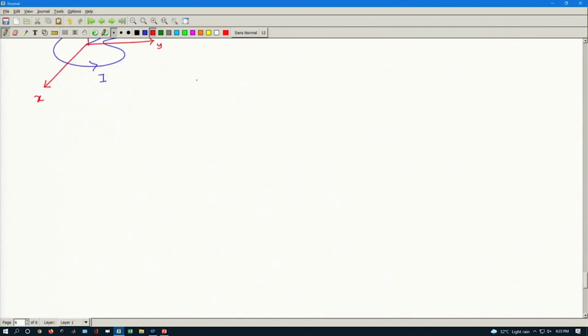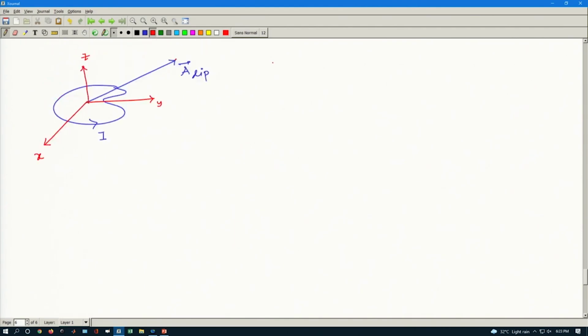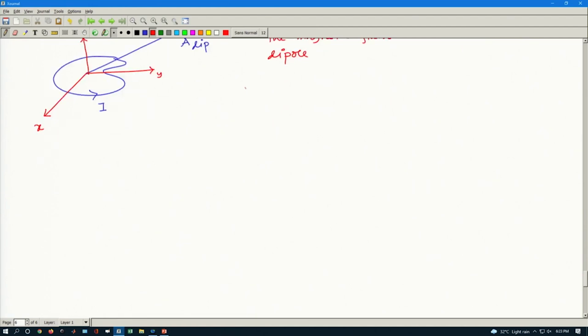So, here we try to understand the magnetic field due to the dipole. Dipole here means magnetic dipole. So, how do I get that?